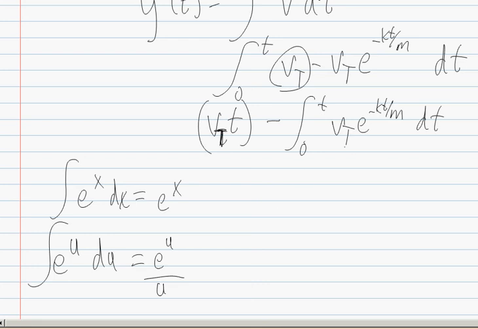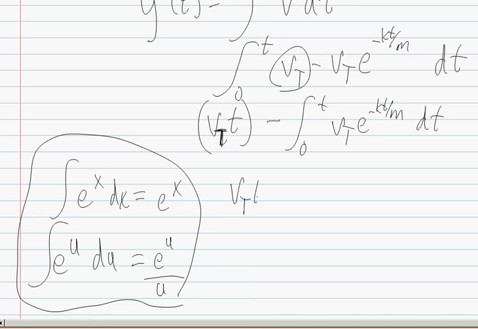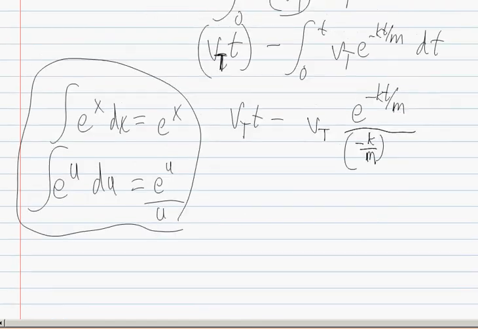We'll take the vt out, I guess, or separate it. So we're going to have vt minus, now we're going to actually take the integral of that. It's going to be e to the minus kt over m over minus k over m, all times vt.